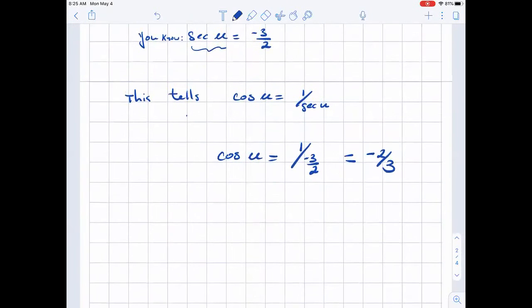Now this is where it gets a little tricky. We have to find the rest of them. So far we have secant and we have cosine.